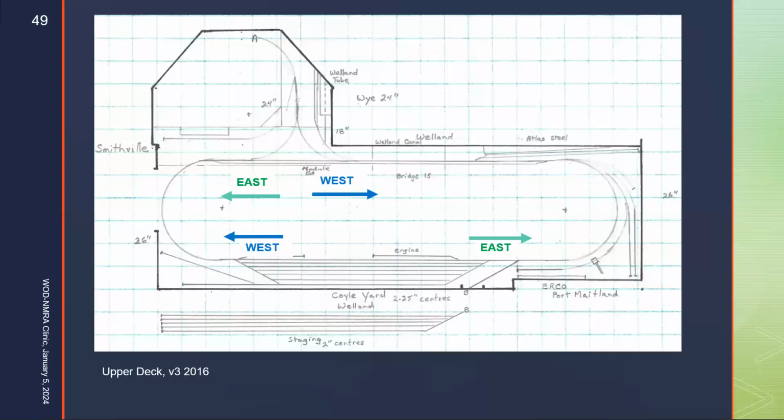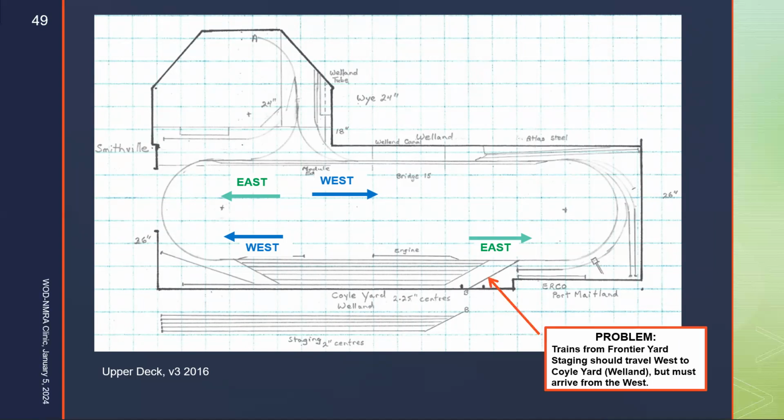Similarly, on the upper deck, I have spots that aren't working well. So when you come off of the helix at the Y in Smithville, these are the compass directions as you would expect to find them in the real world. However, on the other side of the upper deck, it's the opposite, which is true to the real world, but still introduces other problems.